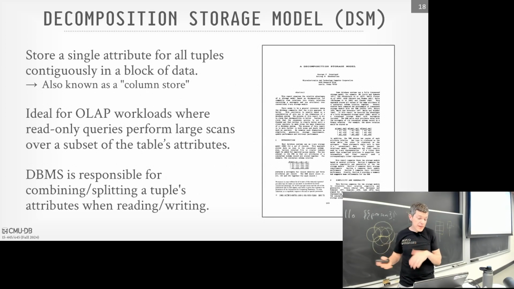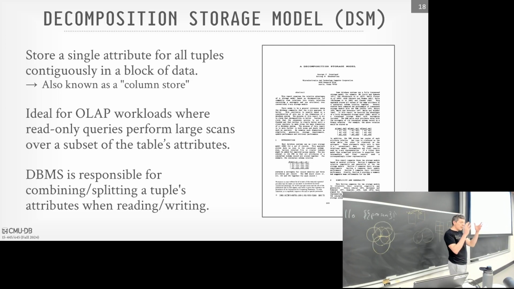So the alternative is the decomposition storage model, or DSM. DSM is the academic term, but everyone just refers to these as column stores. There is an exact DSM definition, and most column stores actually use the PAX model, which we'll cover in a second, but at a high level they're basically the same.